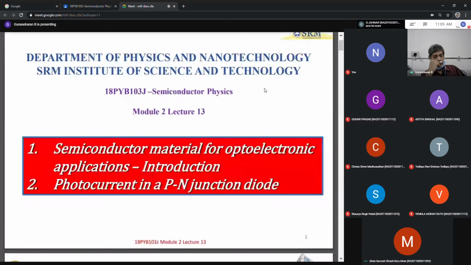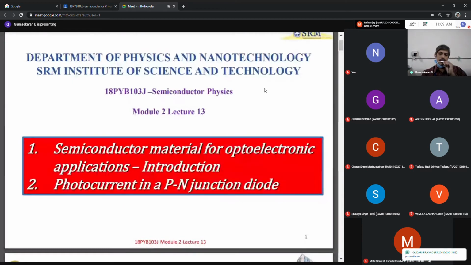Solar cell. Okay, that is an application of the PN junction diode. Solar panel. Amplifier, no. Any other? Optoelectronic applications. Anyway, I will discuss one by one.